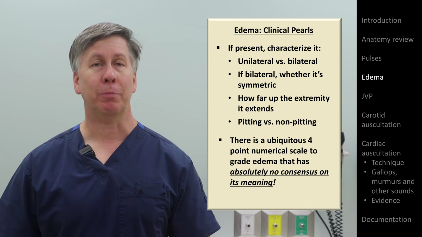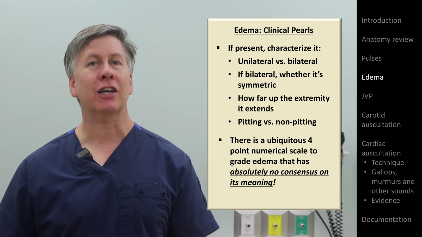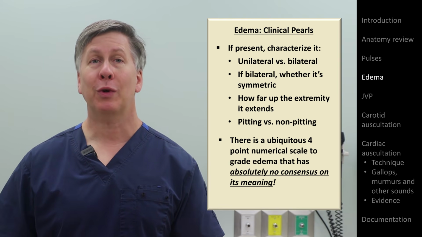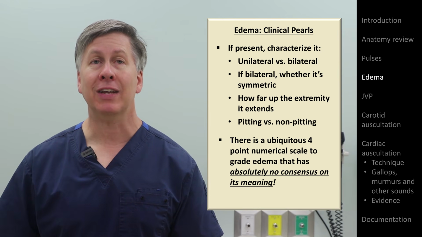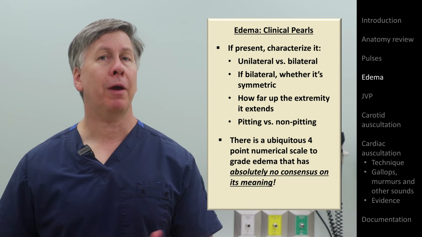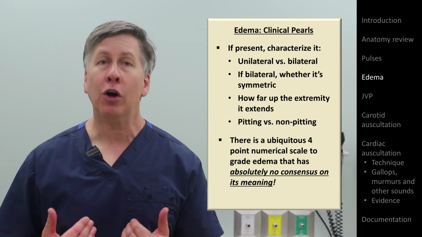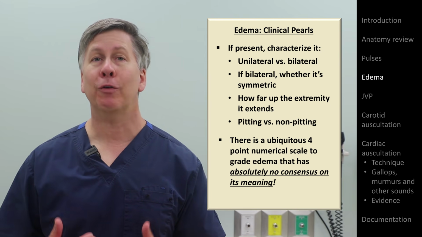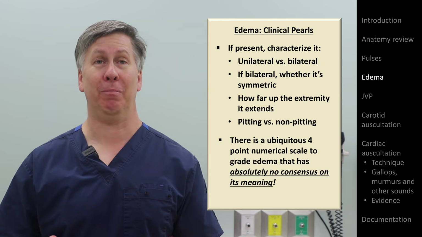But also, as with the pulses, and even more so, there's actually no consensus on what the scale actually means. Does it refer to how far the edema pits in, how far up the leg it extends, or how long it takes for the pitting to resolve after the pressure is released?